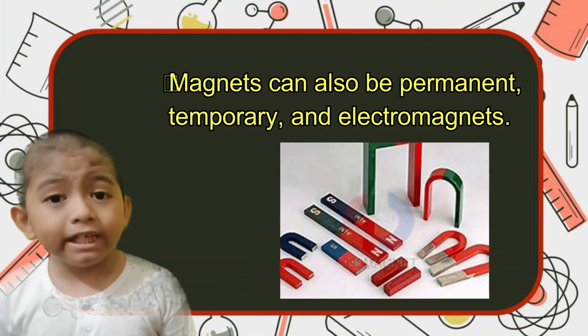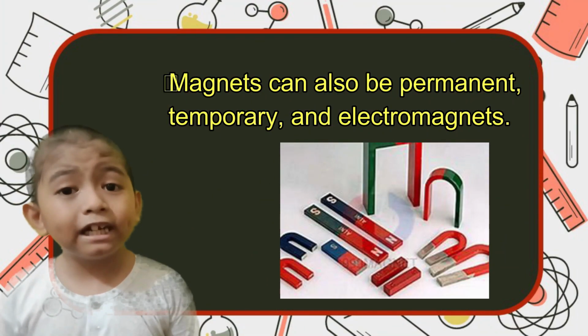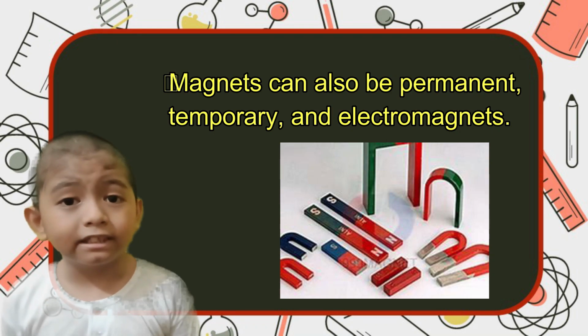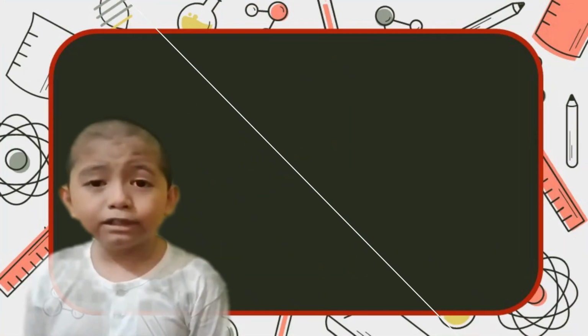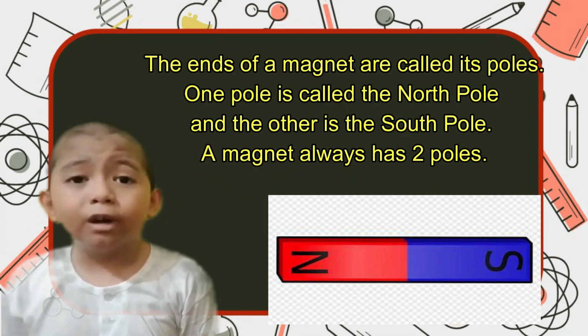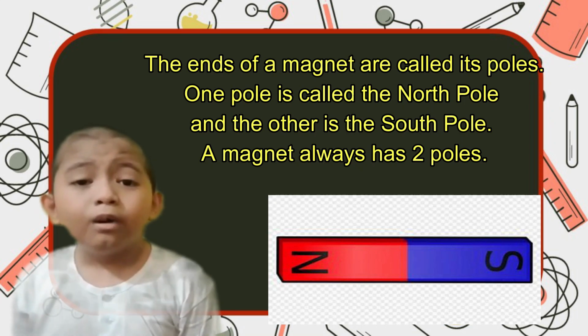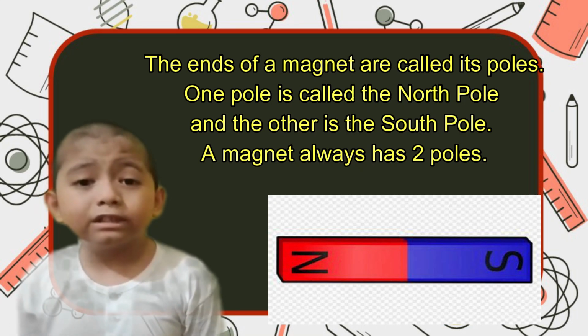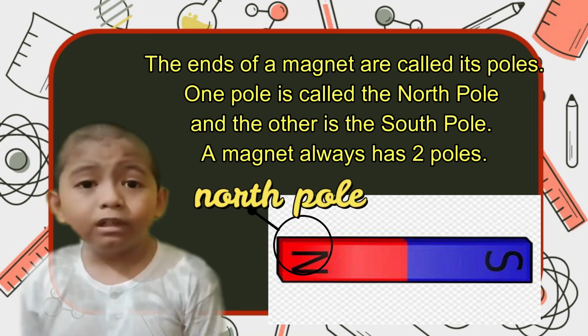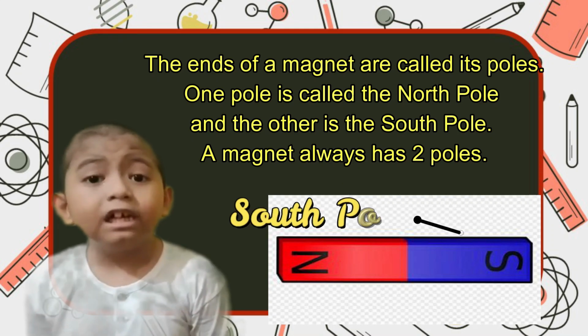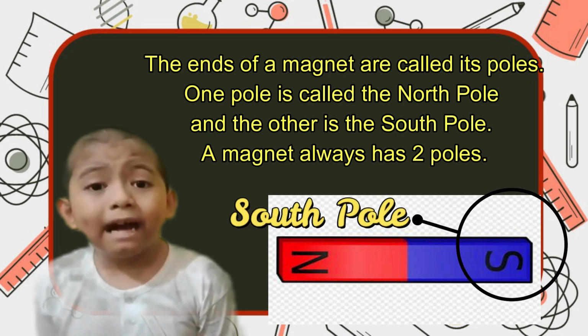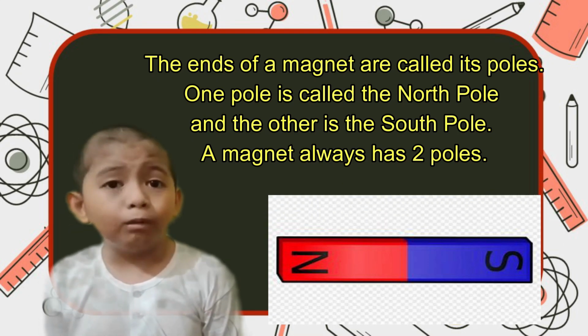Magnets can also be permanent, temporary, and electromagnets. The ends of a magnet are called its poles. One pole is called the North Pole, the other is called South Pole. A magnet always has two poles.